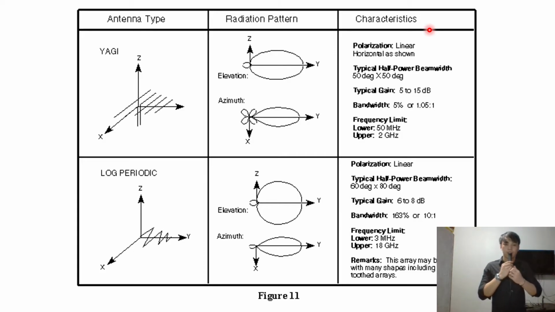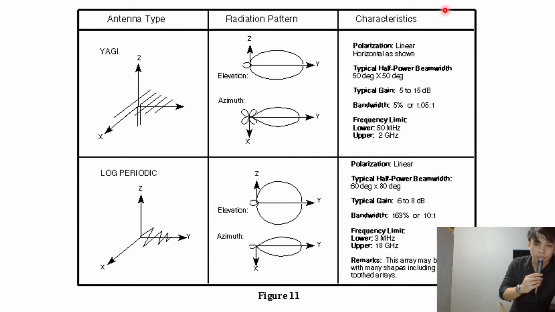Its bandwidth is 163%, or 10 to 1, its lower frequency limit is 3 megahertz, and the upper frequency limit is 18 gigahertz. Remarks: this array may be formed with many shapes, including dipoles or toothed arrays.